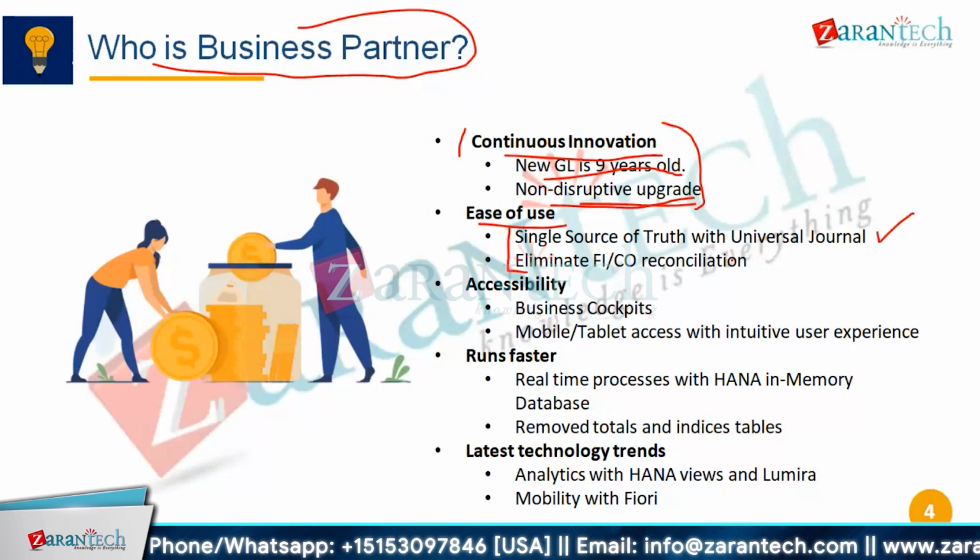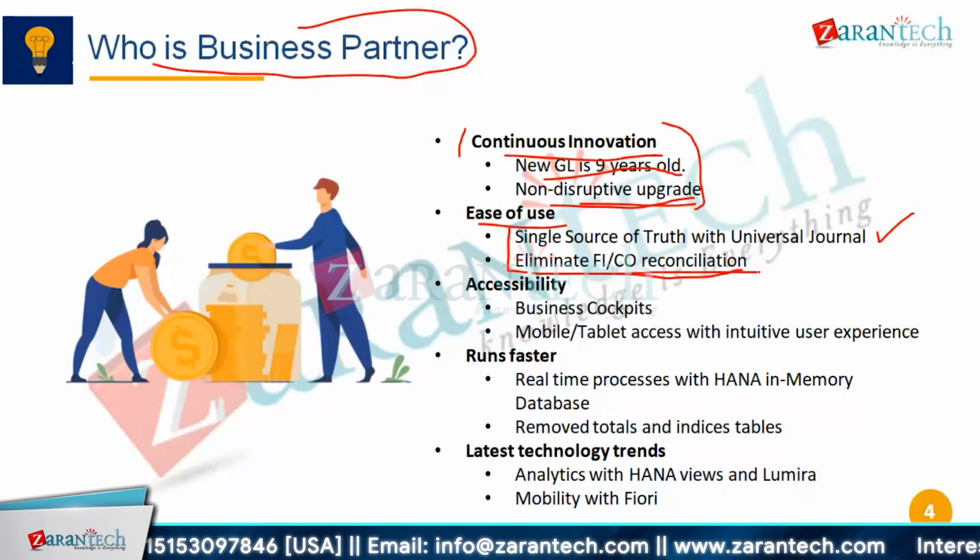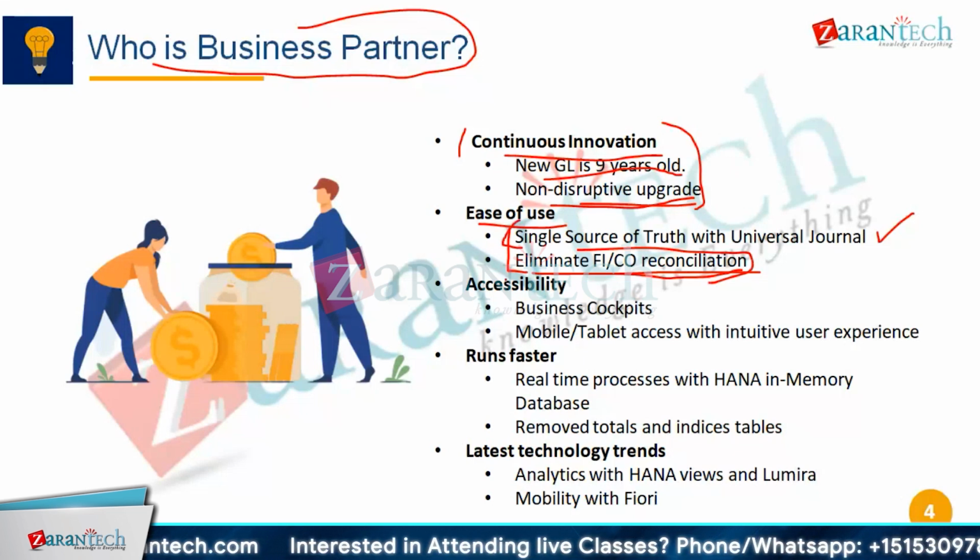There is a single table, and it eliminates FICO reconciliation. If we talk about FICO reconciliation, earlier we used to have different tables for capturing and storing different source data. But now everything is stored in a single source of truth. Why we call it a single source of truth, we will see in the upcoming slides.